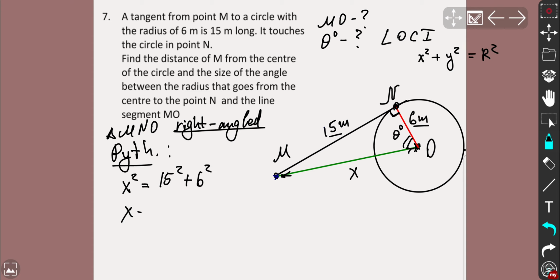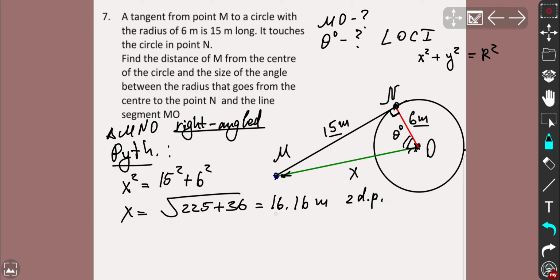So we've got 225 plus 36 and the square root of that. Let's calculate this. So the answer is 16.16 meters, 2 dp.